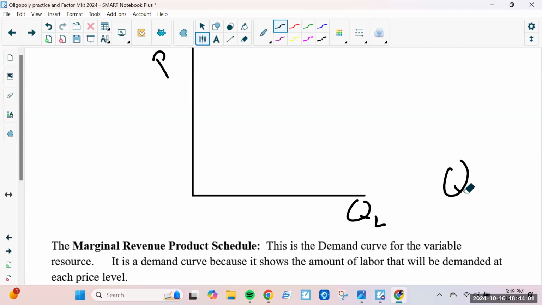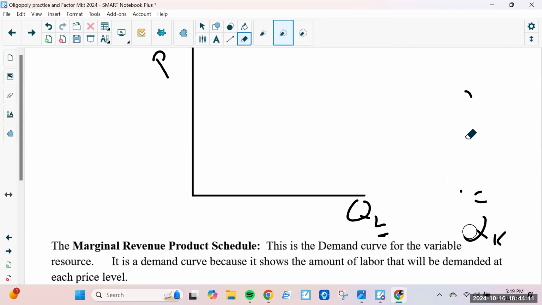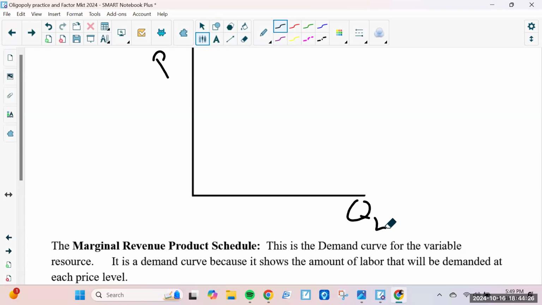If it's capital, then you do quantity of C or quantity of K. If it's a land market, they would have to tell you what's going on. But if you just put Q, it's wrong. Anything I grade in this unit, if you just put Q, it's wrong. You've got to put Q of L, because we're talking about the factor market, not the product market.